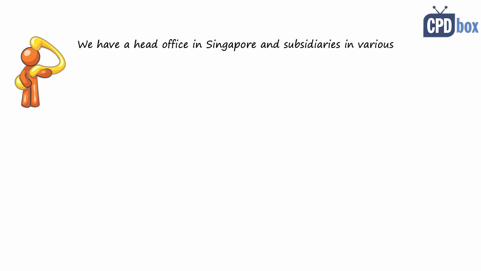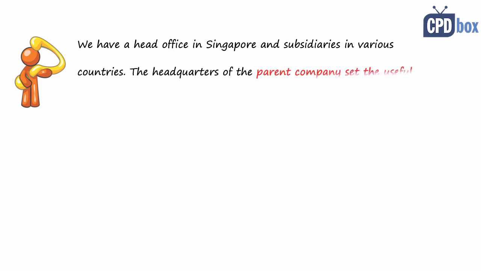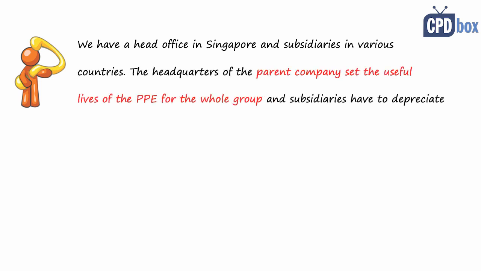Hi Sylvia, I would like your help on fixed assets useful lives. We have a head office in Singapore and subsidiaries in various countries. The headquarters of the parent company set the useful life of the property, plant and equipment for the whole group, and subsidiaries have to depreciate their property, plant and equipment over these useful lives set by the parent.